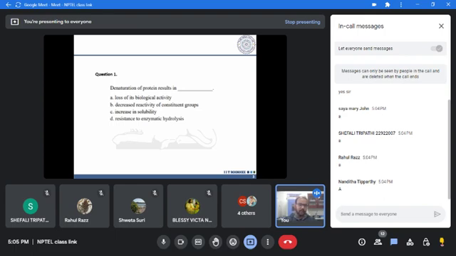After 1 week, they will release the answer key, so you cannot answer those questions, and your marks will not be added. So if you have registered for this course, you need to solve those assignments before the deadline ends. Then only your evaluation will happen, and you will get your certificate, because these assignments are also added to your certificate. So if you want to get the certificate, or if you want to learn more, I think you should go and solve those questions.